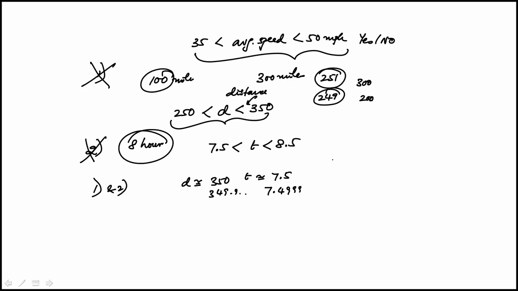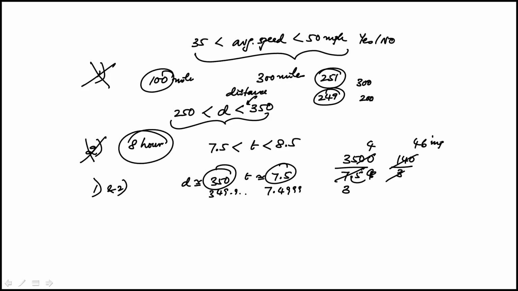In this case, the average speed, distance over time, would be about 350 over 7.5. Actually, let me just do it by 25. That would be 4. So 35 times 4, 140 over 3, so about 46 miles per hour. So that does fall here.